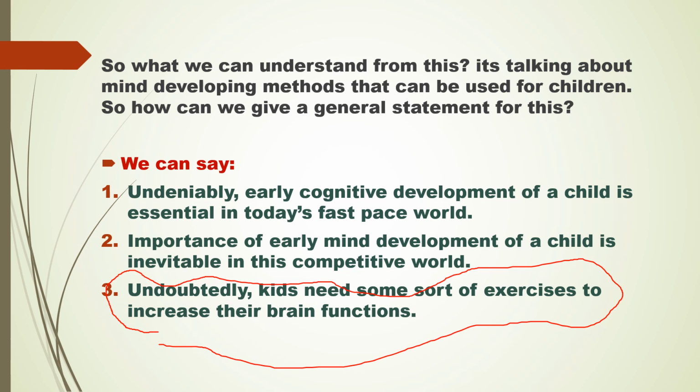So from all the three general statements, this relates best to the question, that puzzles and board games contribute to a child's development. Okay, so kids need some sort of exercise to increase their brain function. So a general statement is just your understanding of the question, and you are just going to write it in a similar way.